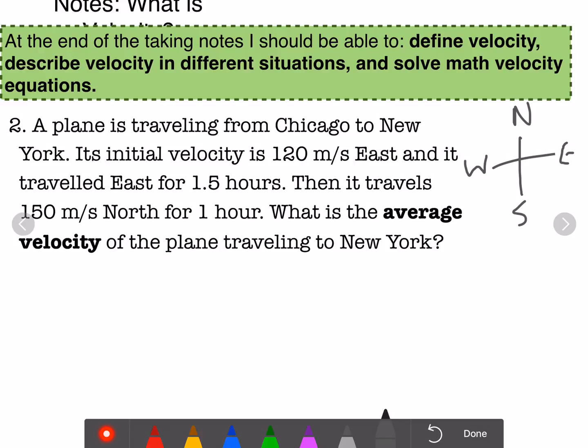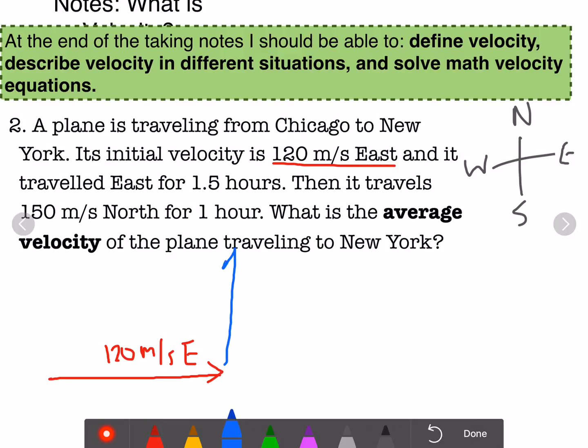Now I'm going to draw a line going east for us, 120 meters per second east, and then it traveled east for 1.5 hours. And then it traveled north. Oh, you know what? I want to take that back.